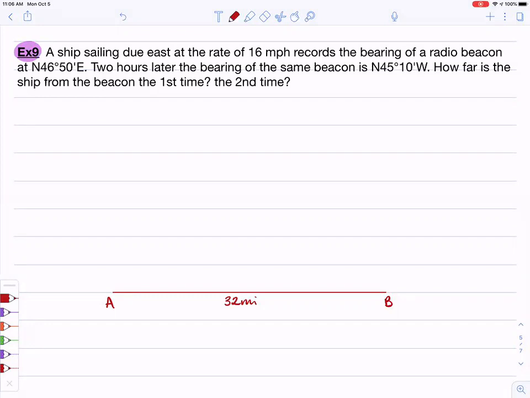Now, the first time he saw the radio beacon, remember he was at point A, okay? As he's in the ship, what direction was the radio beacon? Northeast. So let's remember how we draw that. Remember, the first thing that you do is you draw the whole north concept, right?